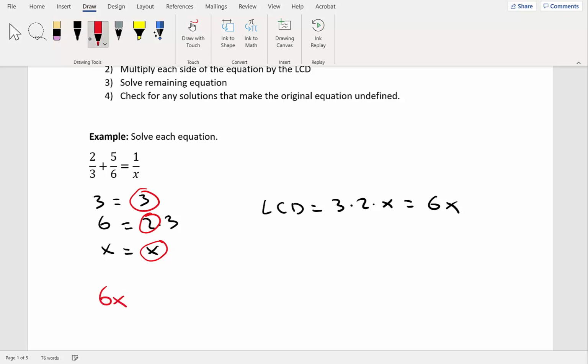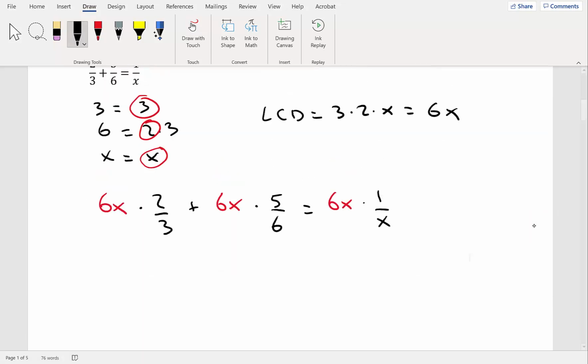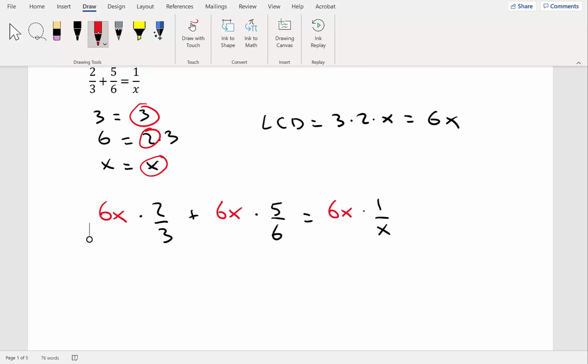So we have 6x times 2 over 3 plus 6x times 5 over 6 equal to 6x times 1 over x. Now with each one of these fractions, first I'm going to put my 6x as over 1. So now we have a fraction times a fraction.